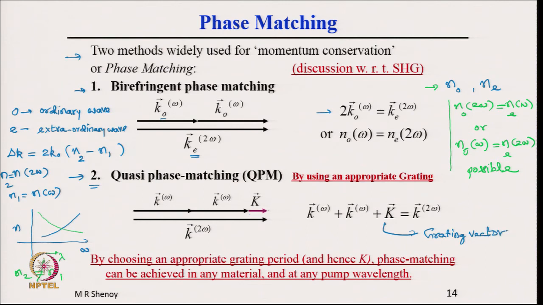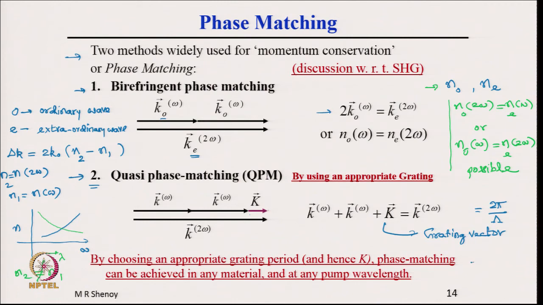We will see. So, the statement is, by using an appropriate grating, the magnitude of the grating vector is given by 2 pi by lambda, where lambda is the periodicity of the grating.